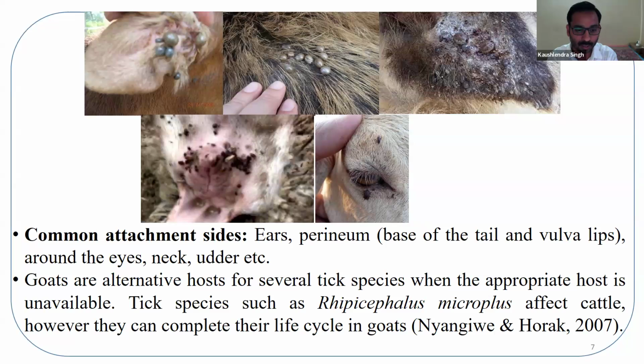Goats are an alternative source for several tick species when their appropriate host is unavailable. For example, Rhipicephalus microplus, a tick species that mainly affects cattle, can also complete its entire life cycle on goat.